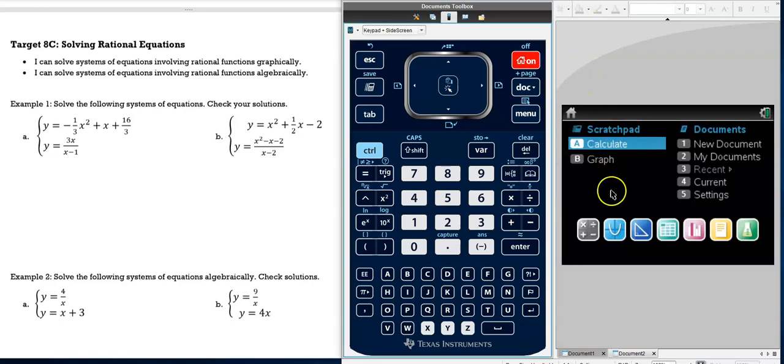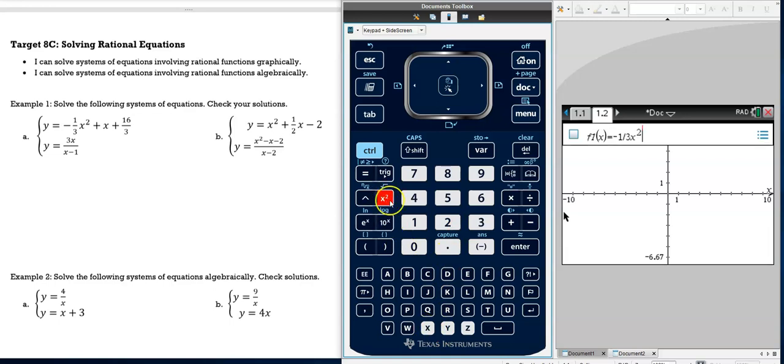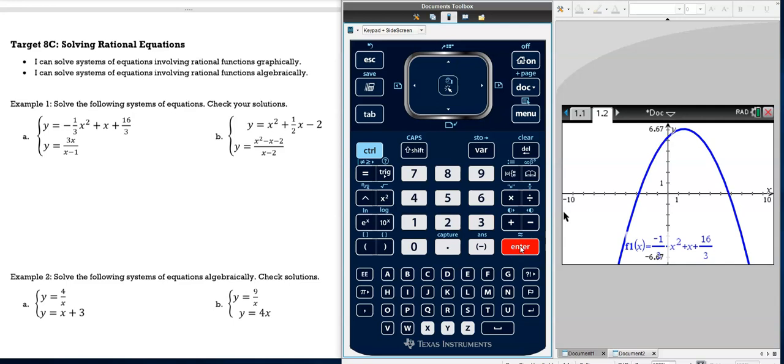If you go into your graph, we can enter in this first equation on target 8C, which is y is equal to negative 1/3 x squared plus x plus 16 over 3. And you can go ahead and graph that.